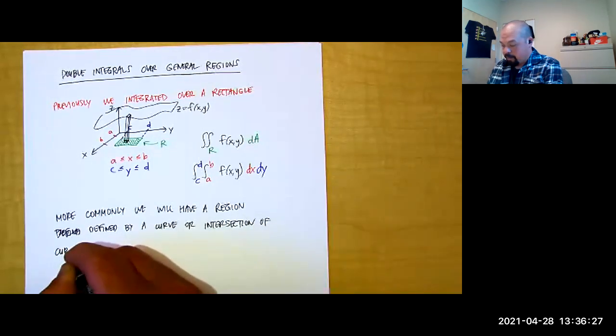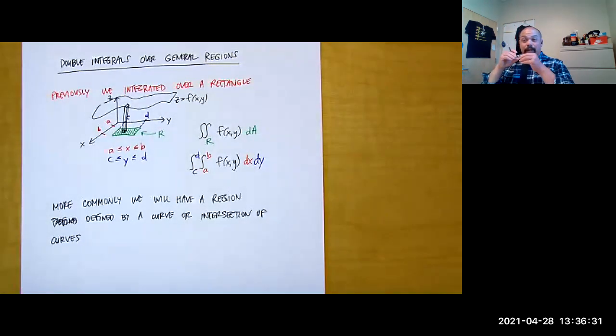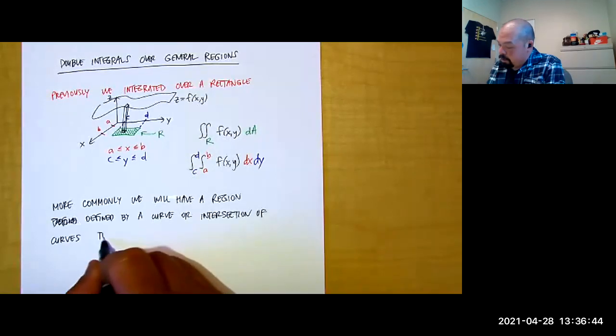So that's where we're going to start to see some of our Calculus 1 work in integrals: the area between two curves, the area trapped inside the x-axis, y-axis, and some function, the intersection of curves to integrate over.